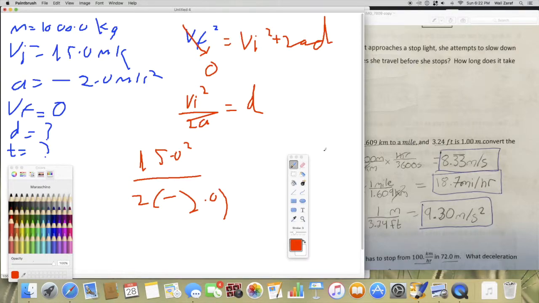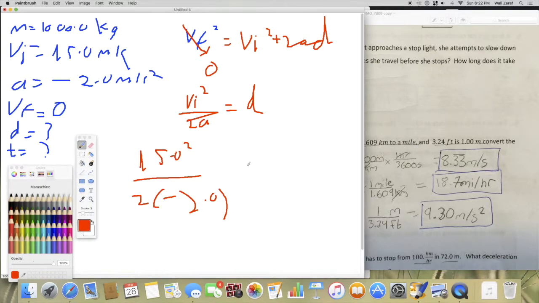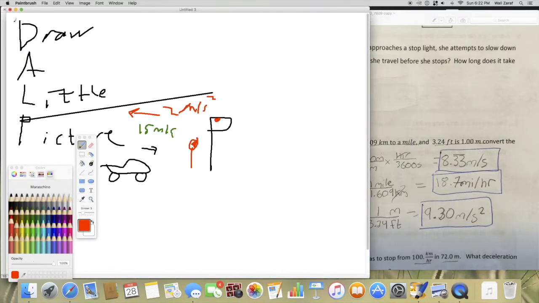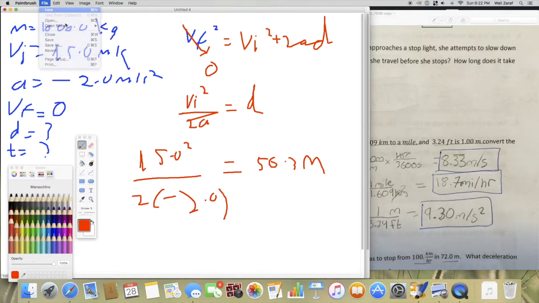It's just there for show. Now I'm going to fast track a bit in my calculator to quickly do this. 15 squared over 2. Then we get 56.3 meters before this thing has to stop. Seems simple enough, right? Okay. This is a picture.